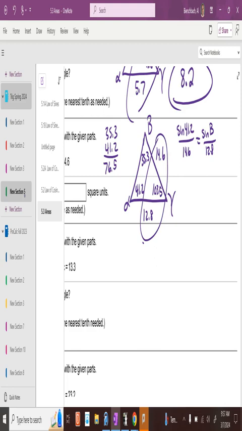And then you just take 1/2 of 12.8 times 14.6 times the sine of 103.5. Okay?